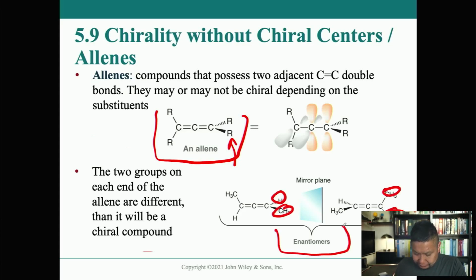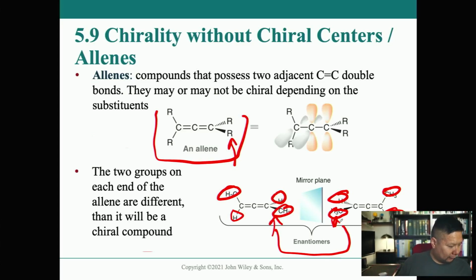They're enantiomers of each other. Because you can see here that there's a mirror image, but it's not superimposable, so they're definitely chiral. And the reason why they even show this as an example is because it's two double bonds.